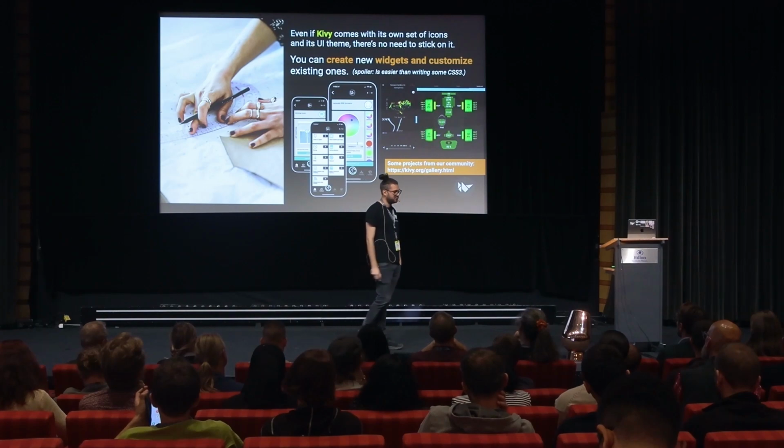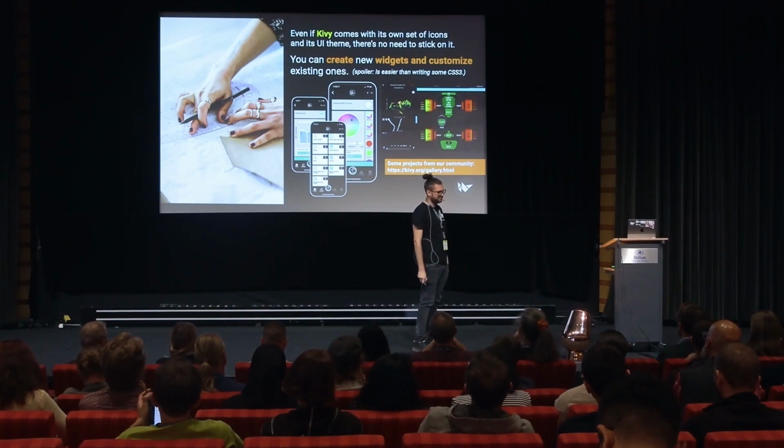So sometimes it may be an issue, but if I look at the most important apps, like the food delivery apps, they're quite the same on Android and on iOS. But yes, there are also libraries to help with that. Okay, thank you.